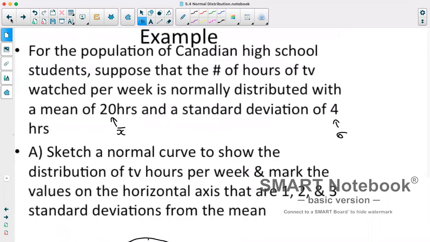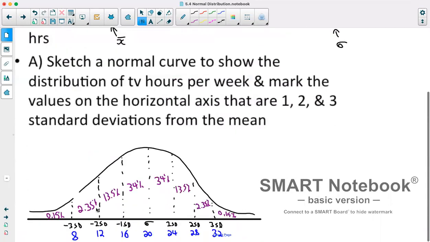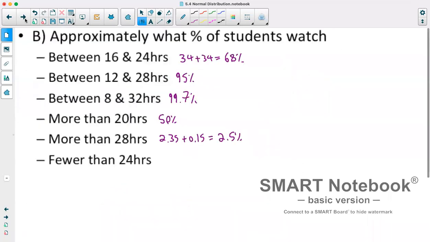Fewer than 24 hours would be everything from here this way. So we'll have to add all these up. So that's 34 plus 34 plus 13.5 plus 2.35 plus 0.15. And we should end up with 84%.